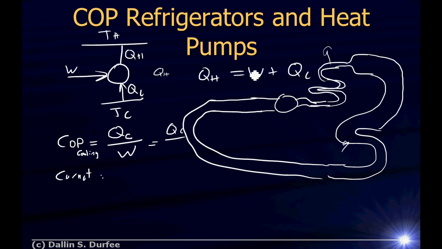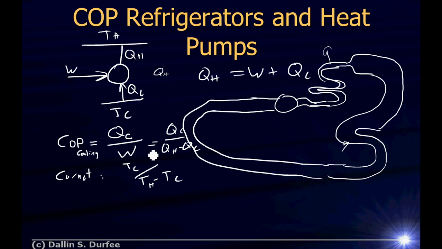And if we do an ideal, theoretical Carnot cycle with our refrigerator, remember the Q's had stuff in them that divided out, and because we were using the Carnot cycle, we ended up with just T's. So it turns out the ideal Carnot coefficient of performance for cooling is just T cold over T hot minus T cold. So no refrigerator can have a better coefficient of performance than that.